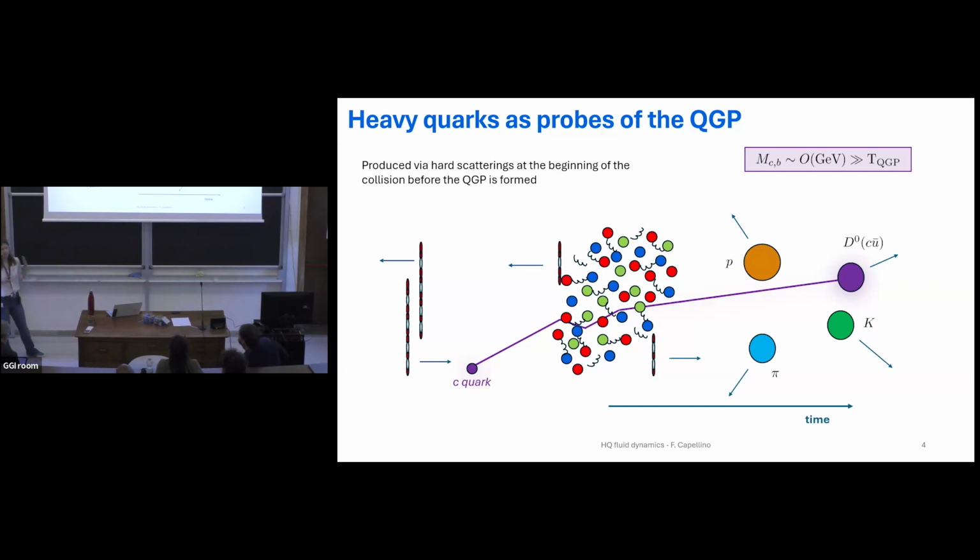And therefore, they have the advantage that they go through all the stages of the expanding fireball, and they interact with the light flavors of the medium, mostly elastically in the low transverse momentum regime in which I'm interested. And then eventually they undergo hadronization, such as all the other particles. So we will measure charm quarks inside hadrons, such as the D0 mesons, which, for example, contain a charm quark.